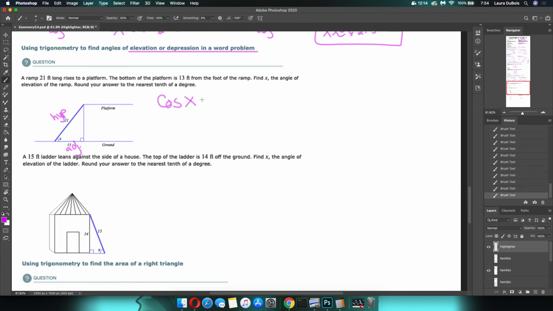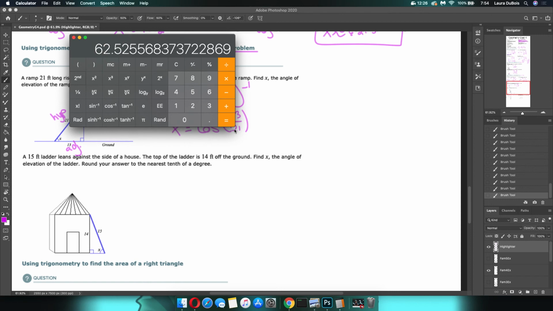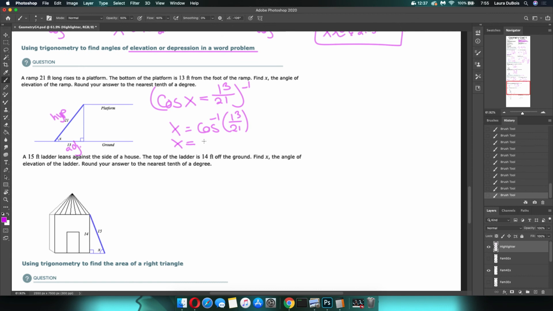Cosine x equals adjacent over hypotenuse, so x equals inverse cosine of 13 over 21, which is 51.8 degrees. Gee, that's exactly the same as the other thing. It just happens to be in a word problem.